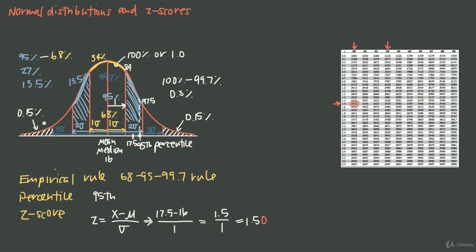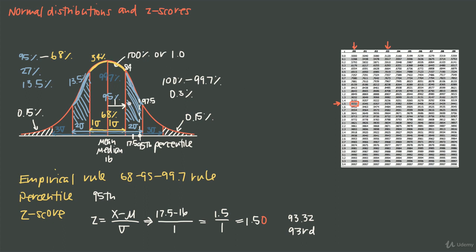But in a normally distributed curve, 1.5 standard deviations above the mean is always going to have the same amount of area below that spot. In fact, according to our z-table, it's going to have 93.32% of the area below it. In other words, a z-score of 1.5 tells us that we are in the 93.32 percentile, or approximately the 93rd percentile, or that 93% of the area is below that spot.